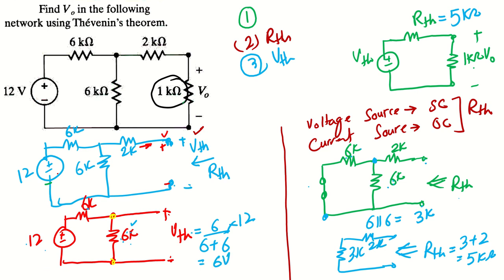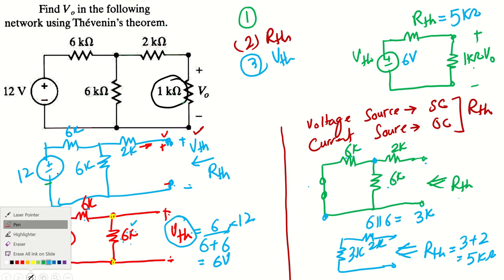Or directly, with 12 volt and the same resistance 6K, 6K, 6 volt will be here and 6 volt here. So we got our Thevenin voltage, and we put it here. This completes our Thevenin equivalent circuit.